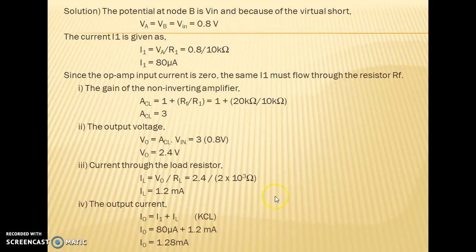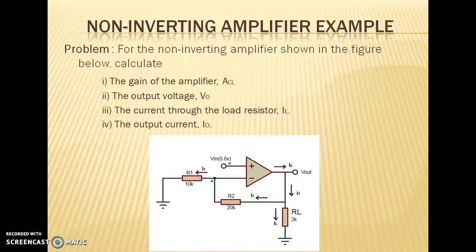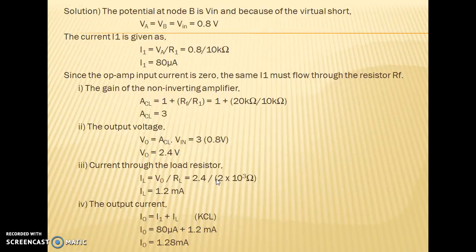The potential at node B is Vn, and because of virtual short, Va = Vb = Vn. Let's go back to the circuit, A, B. Now, node A is at virtual short. So, whatever voltage appears at B will be appearing at A. Hence, we say the voltage at point B will be equal to voltage at point A, which is equal to 0.8 volts.